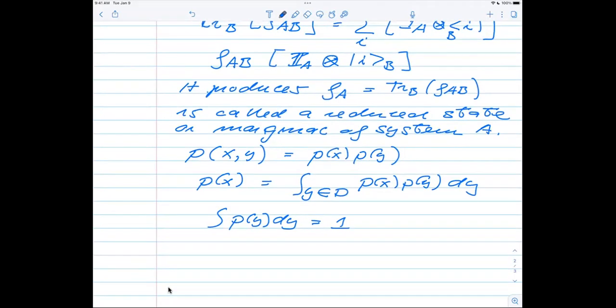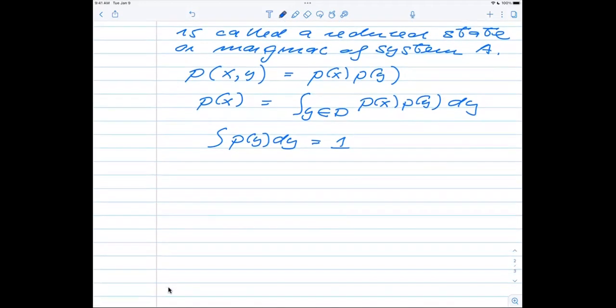This subsystem which we have traced out is normally called a reduced state or just a marginal of system A. One thing which we will see immediately from a simple example is that the trace of this marginal probability or subsystem density operator is equal to 1. You will also see that if I perform a similar projection for system B, this is also going to be equal to 1.